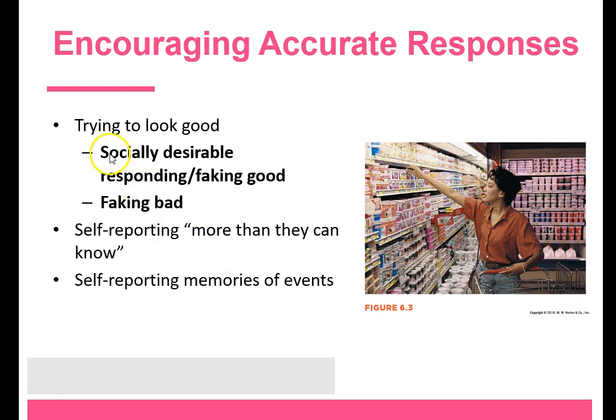Also, encouraging accurate responses. You might have a social desirability response, people faking good. People like to think that they're, and like others to think good things about them. And so they're more likely to fake good, like how many times do you exercise a week? It'd be hard for someone to write 0.